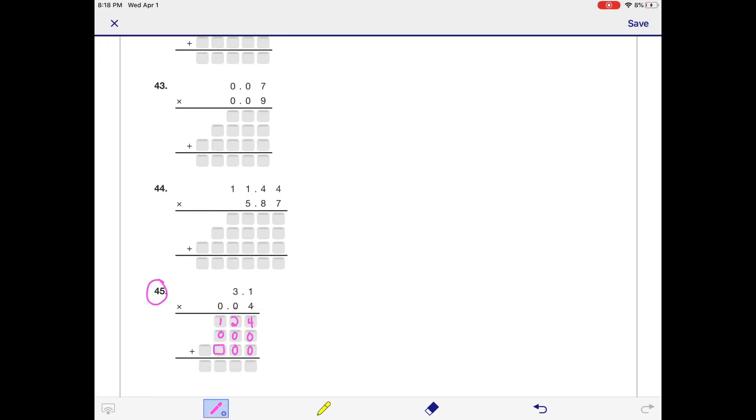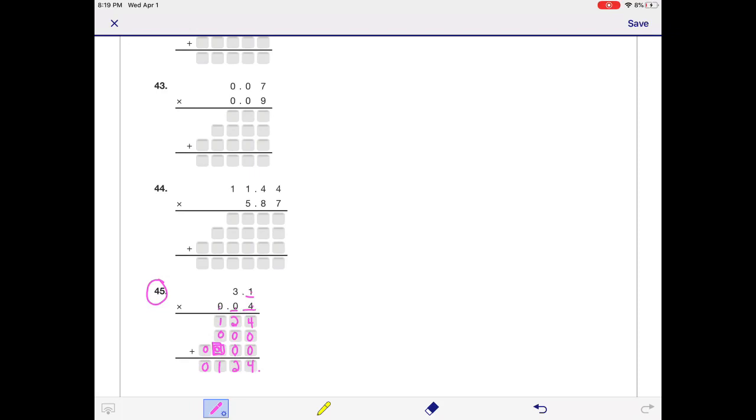You've got to move all the way over there, the third spot over. If you're going to move over to this spot, you've got to put your placeholders in right here. So 0 times 1 is 0. 0 times 3 is 0. 4 plus 0 plus 0. 2 plus 0 plus 0. 1 plus 0 plus 0. And 0. All right, that was a little bit complicated.